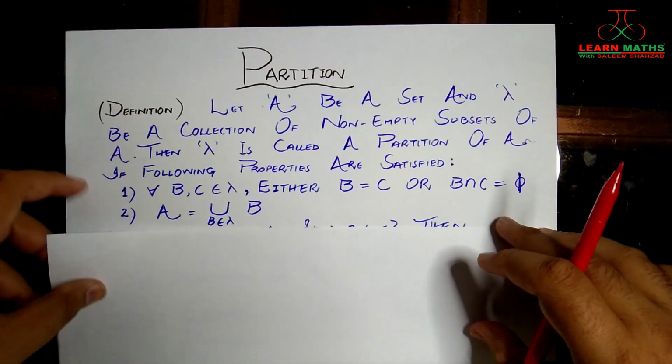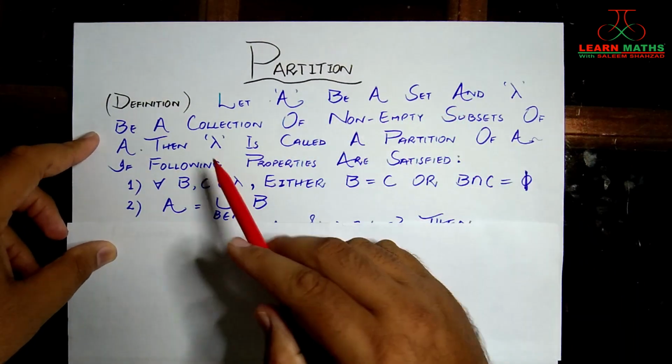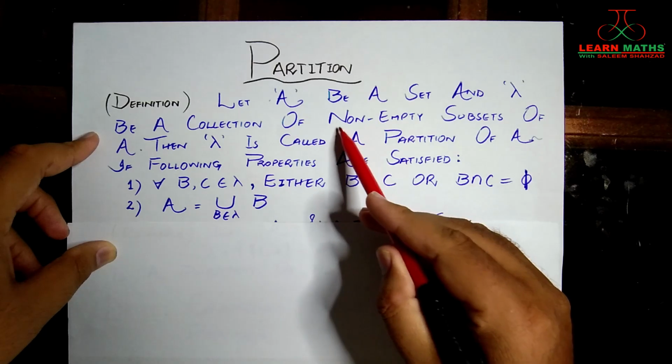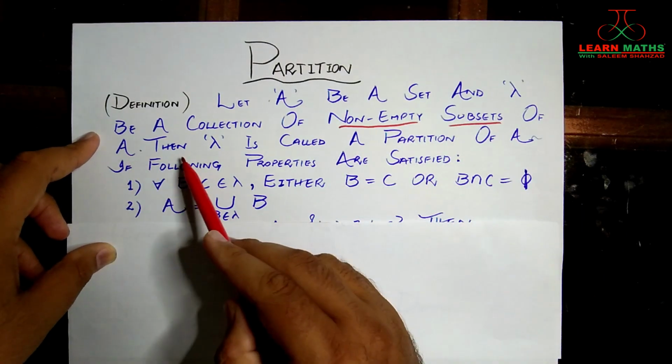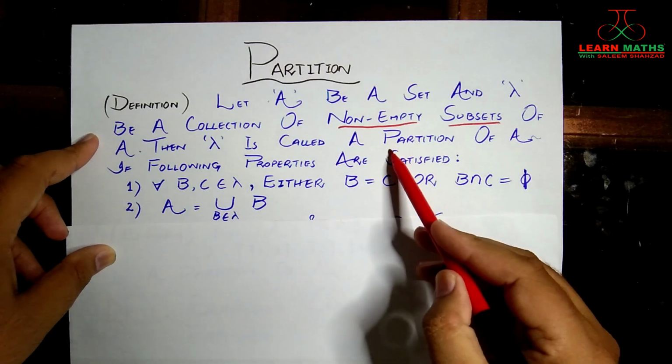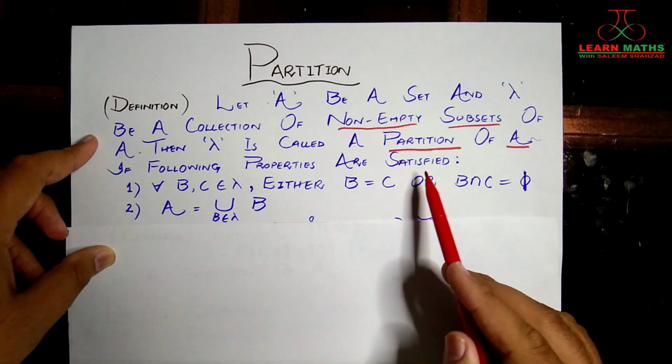Now the partition is defined as follows: let A be a set and lambda be a collection of non-empty subsets of this set A. Then lambda is called a partition of the set A if the following properties are satisfied.